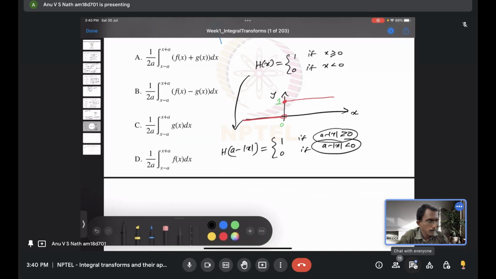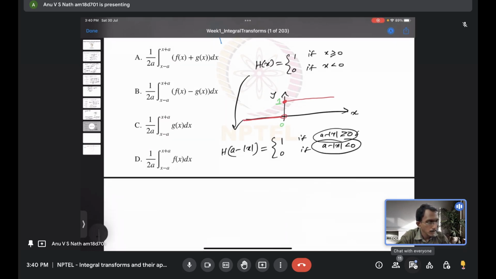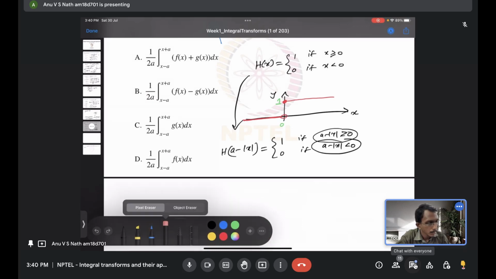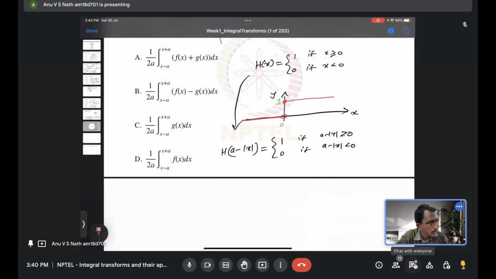Now the conditions here we can tweak a little bit so that we'll get the regions appropriately. The first condition, a minus mod x is greater than or equal to 0, we can write as mod x is less than or equal to a, if we just shift the x to the right hand side.